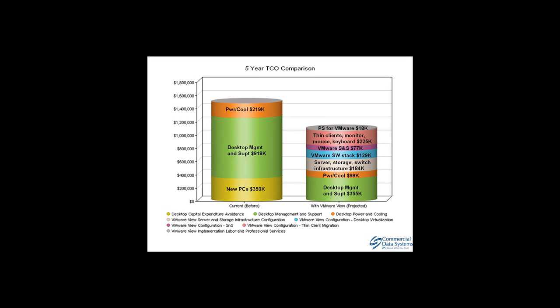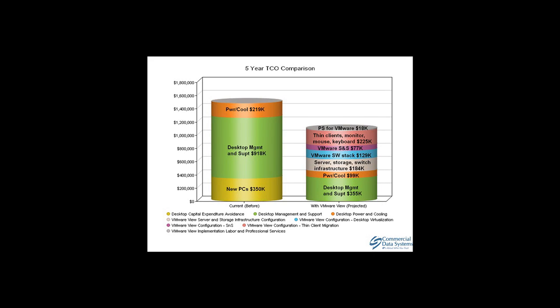So even if I replace all those with new thin clients, new monitors, mice, and keyboards, the cost of the virtualized infrastructure is less expensive. I'm also going to save quite a bit in terms of power and cooling, over half. Now there on the right-hand side, some additional costs that are associated with the thin client virtualized environment. If you look at the dark pink and the blue bars, it represents the cost for the VMware virtualization software.